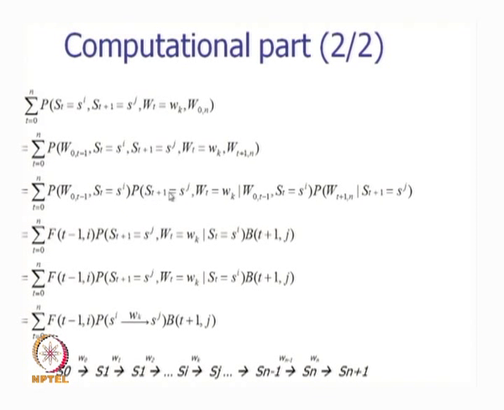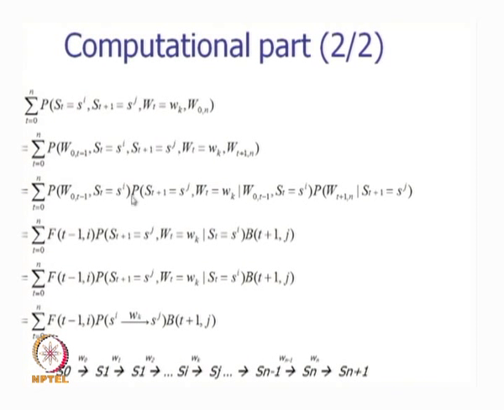When I isolate this, I have to apply the chain rule and say that P(S_{t+1} = S_j, W_t = W_k, and W_0 to t-1, S_t = S_i). So, this is nothing but a destination state, observation symbol and source state, and this is a string up to this particular observation symbol and can be ignored because of the Markov assumption.